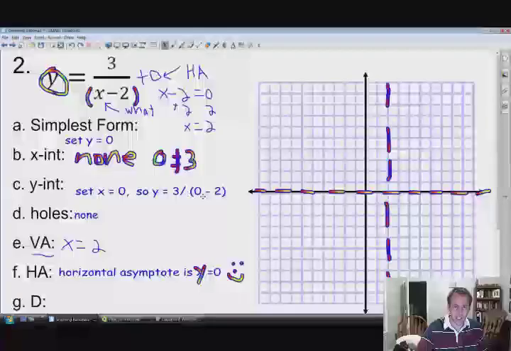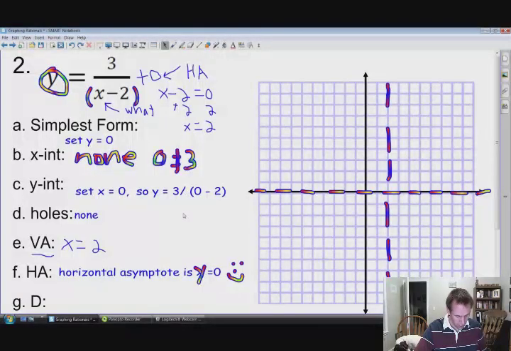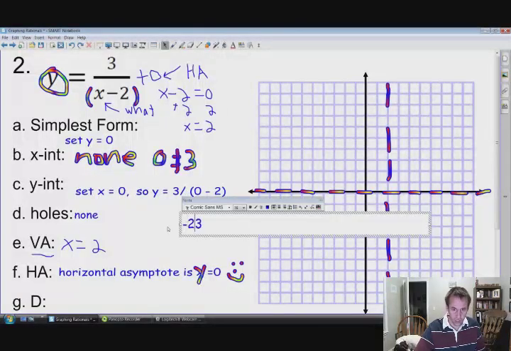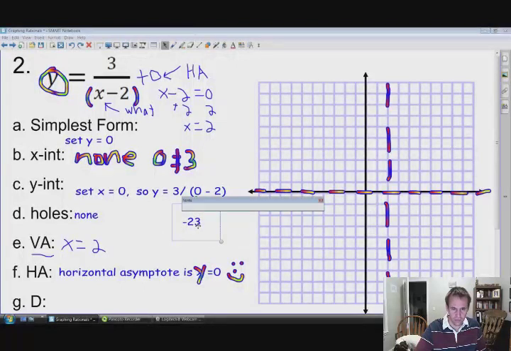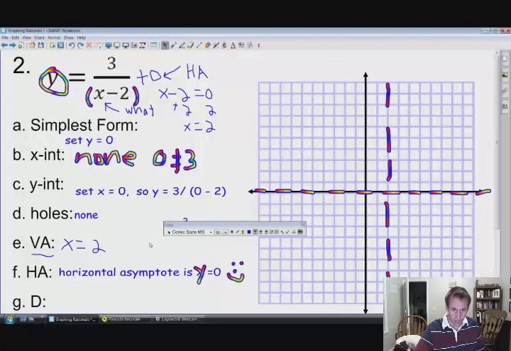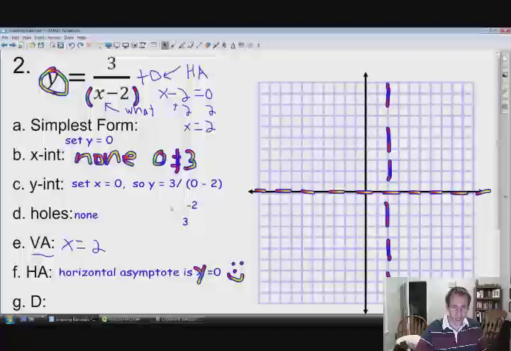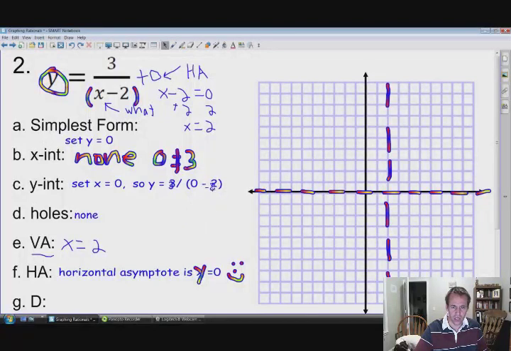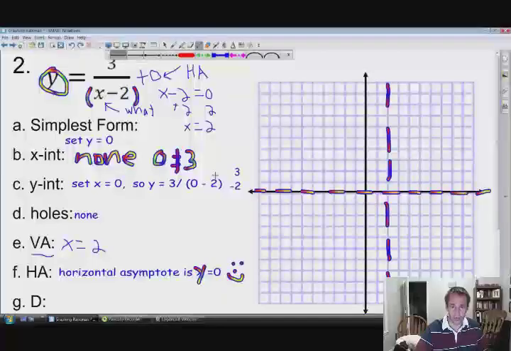It's going to be 3 over negative 2, and that's going to be our y-intercept.